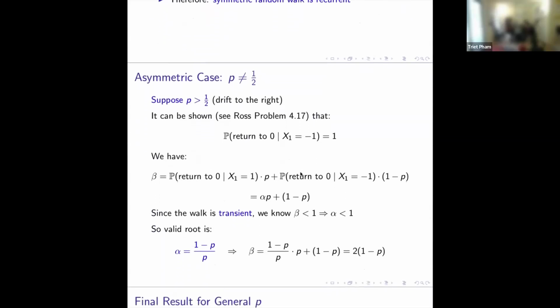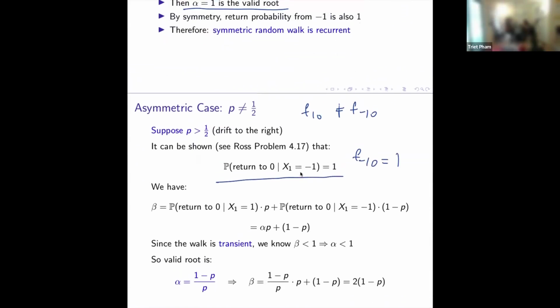Okay. If p is not equal to 1/2, then the two cases are not symmetric, meaning that f10 is not equal to f minus 10. And so here the claim is that in this case, f minus 10 must be 1.